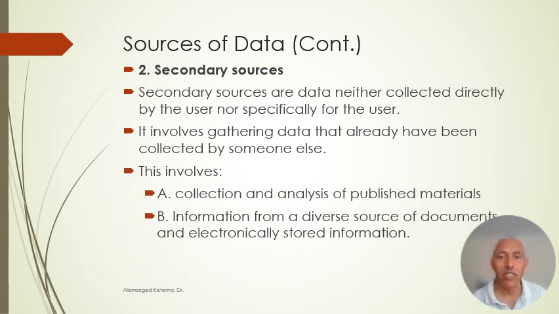This involves collection and analysis of published materials, like institutions that have published information about their own status related to the question that you're raising, and information from a diverse source of documents and electronically stored information related to your study. These are already published and out there.